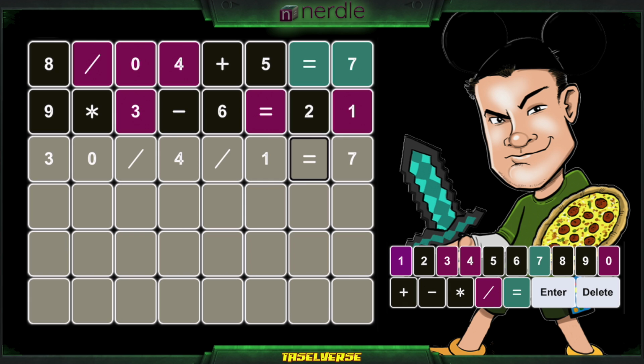Okay, let's just figure this out first. Is there any way with a 3, 0, and a 4 we can equal a 7? Because 7 divided by 1 would be 7. I don't think so. 43, 3, 0.